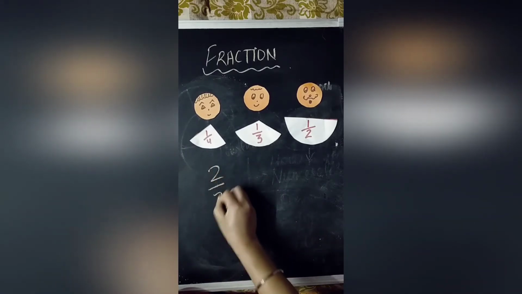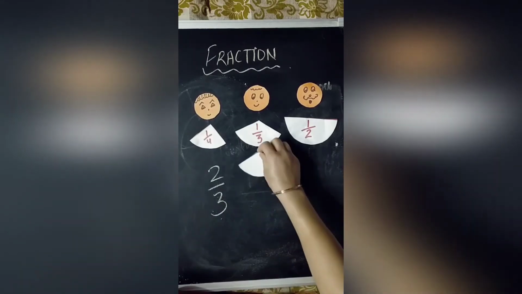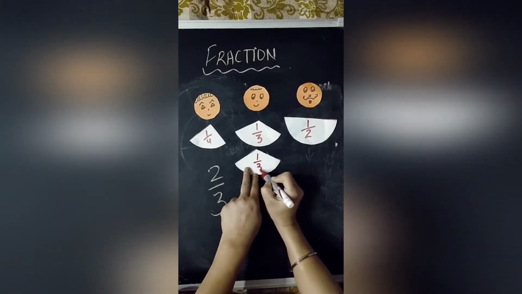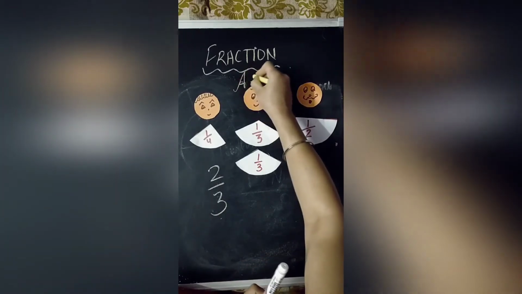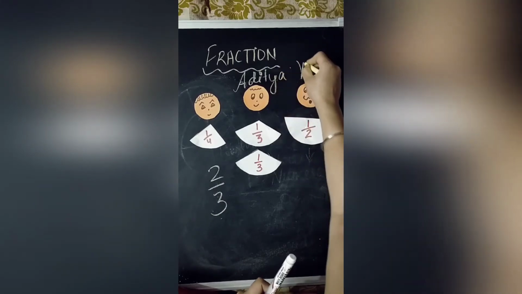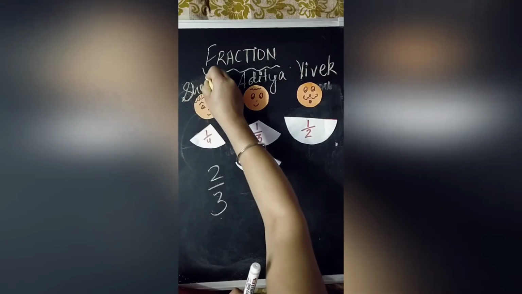So now, if it is 2/3, what does this mean? He has 1/3, and he is getting one more third. If we name him Aditya, this is Vivek and this is Shaurya.